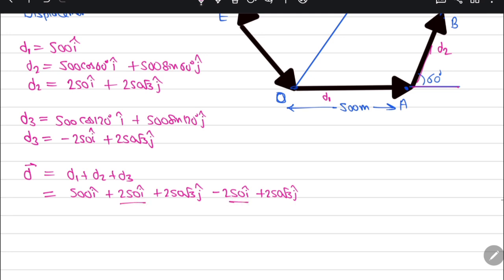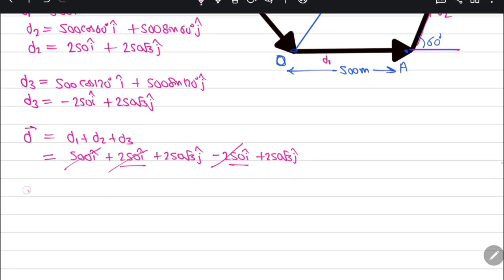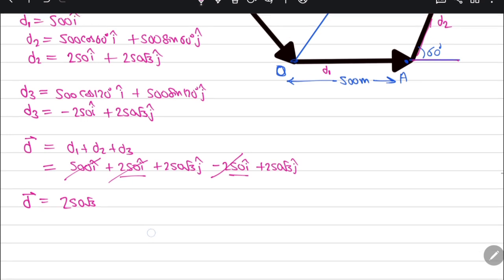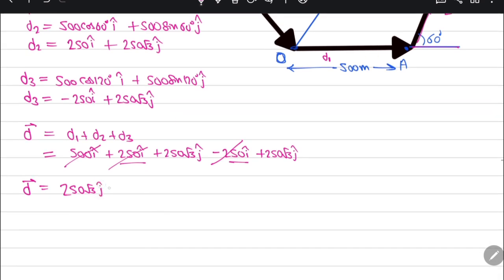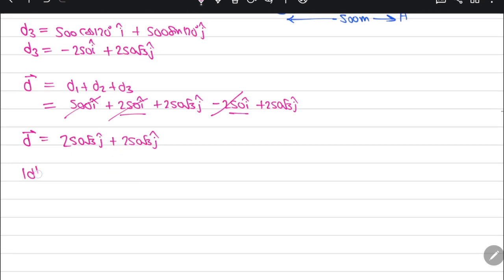So 250 and minus 250 cancel, and the i components leave only 500. The j components are 250 root 3 and 250 root 3; if I add them, this becomes 500 root 3 j cap.